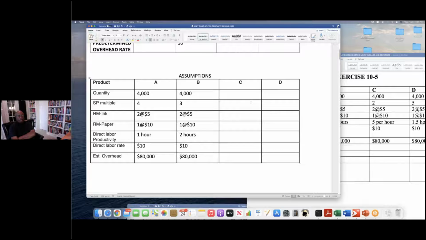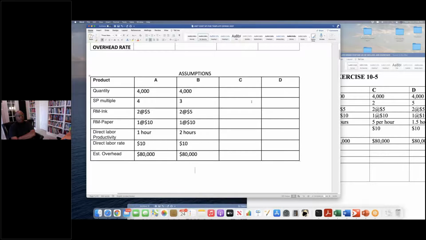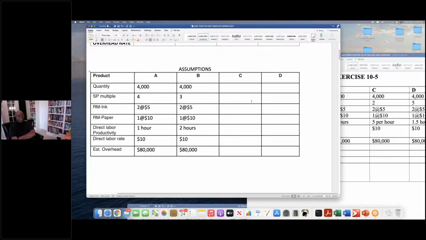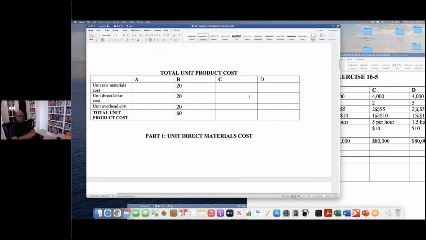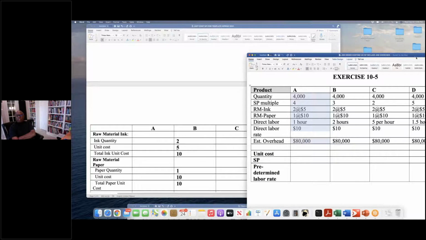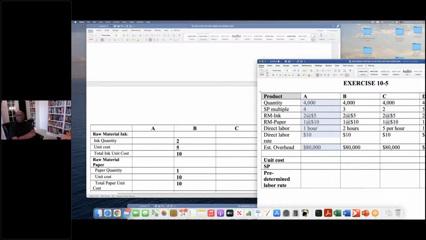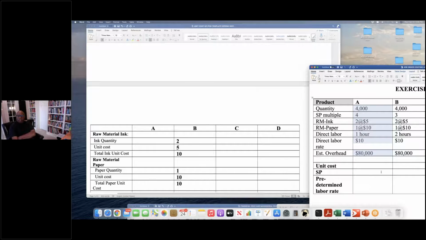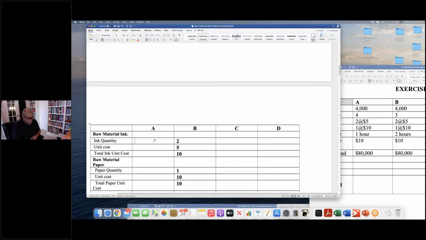Okay. So what's the first thing we're going to do? Head to raw materials and get the unit cost. So what do we have on raw materials? It's 2 at 5, so that's 10 for the ink.